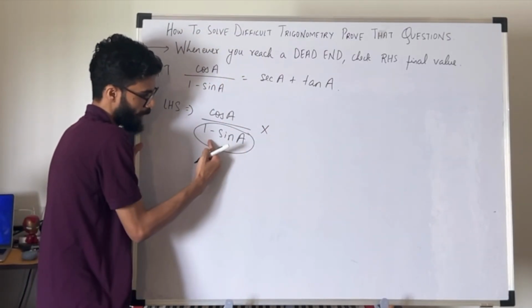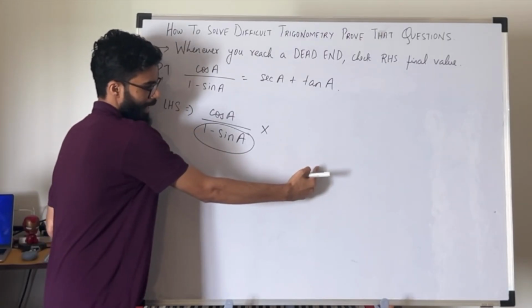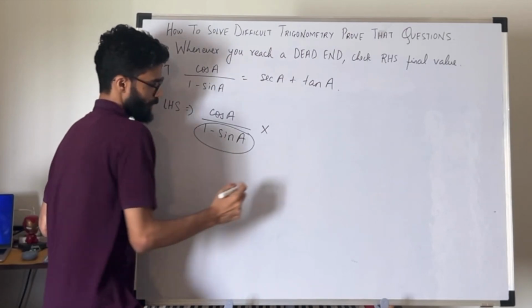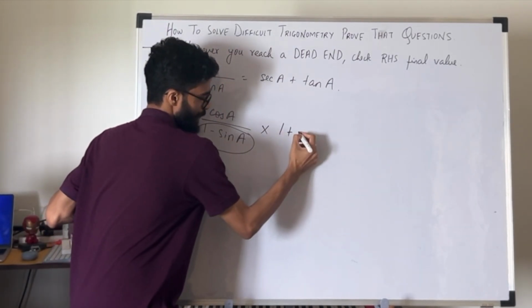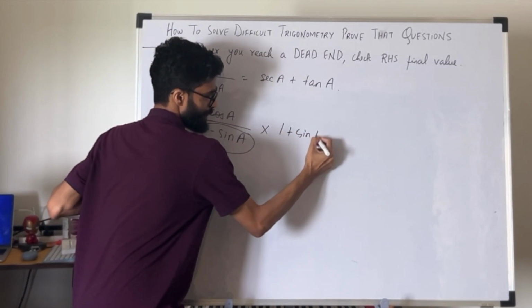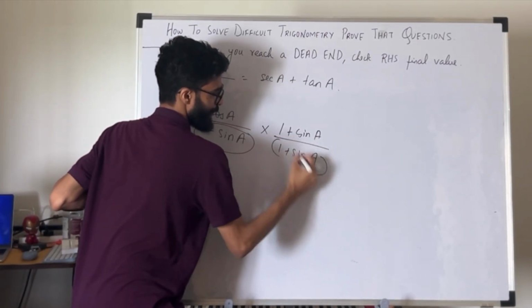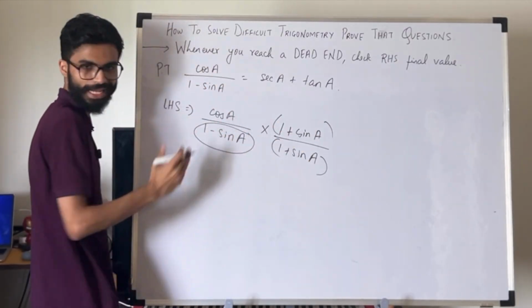1 minus sin A into 1 plus sin A is 1 minus sin square A, which is cos square A. So can I multiply and divide with 1 plus sin A upon 1 plus sin A? It does not change my original LHS.